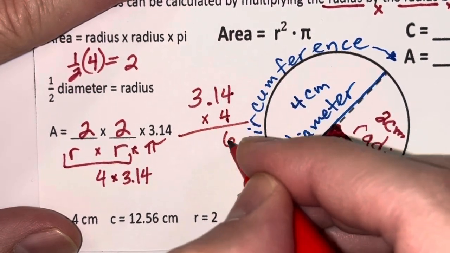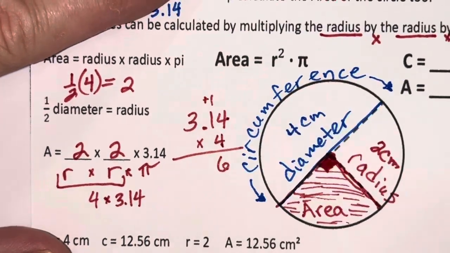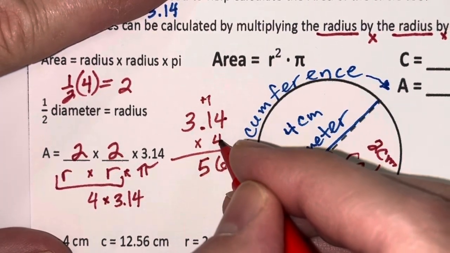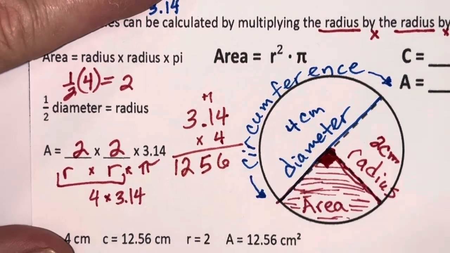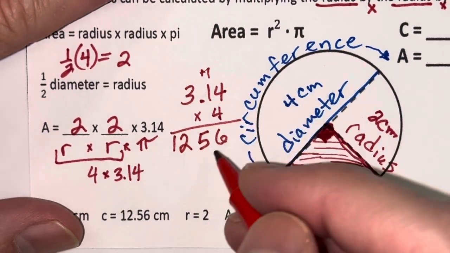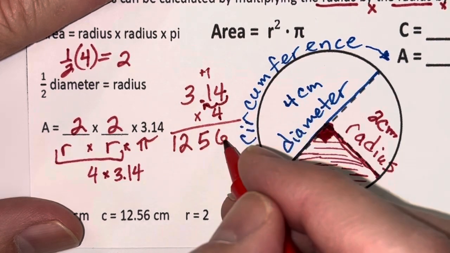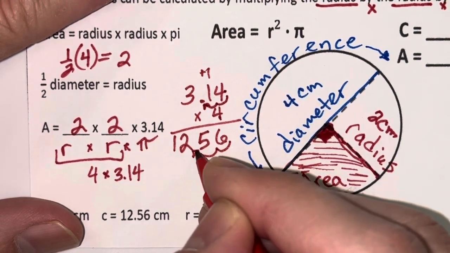4 times 4 is 16. 4 times 1 plus 1, we got 5, and then 4 times 3 is 12. After you're done multiplying, then we look at our decimal place value. We have 2, so we move it over in our answer.